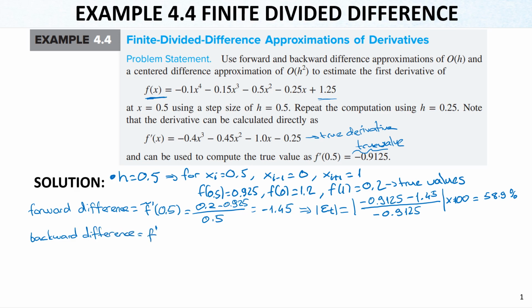Again, we will predict at xi, which is 0.5, but this time we will use xi minus 1. And we have to be careful again, xi minus 1 and xi. So the function values of these are 0.925 and 1.2.